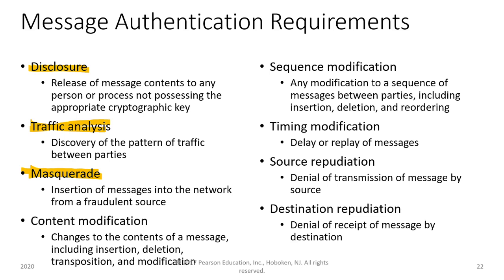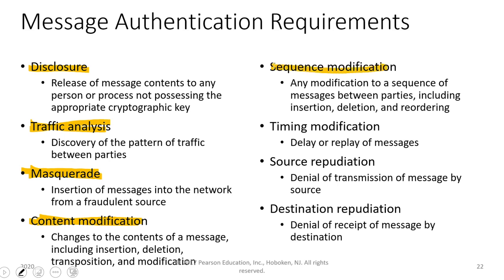One of the other things that can happen in that scenario is known as content modification. In masquerading they may send additional things. In content modification they may change the content, and say they may insert new things, delete things, modify things. In sequence modification, it is changing the order in which things are being received.